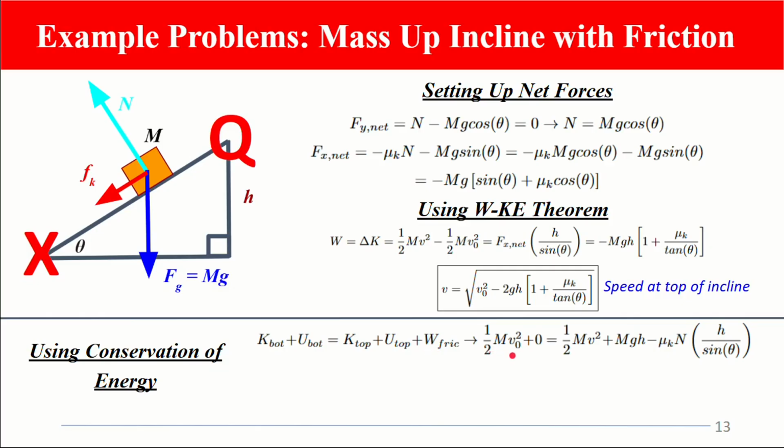We know at the bottom of our ramp that we're going to have an initial kinetic energy of 1/2 m v naught squared, and then we're also going to be adding in the potential energy, but we can assume that the potential energy is going to be 0 at the bottom.